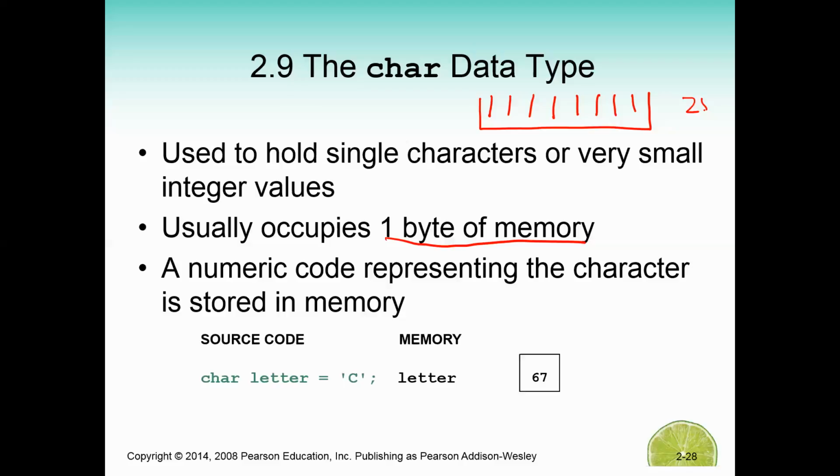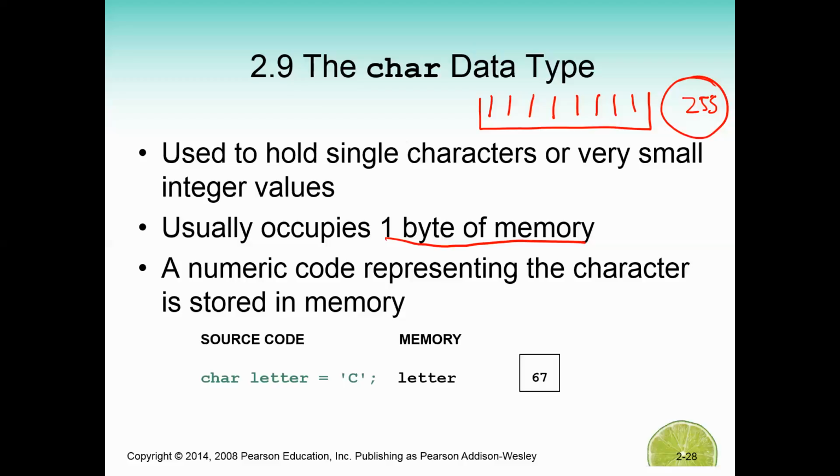Starting with the 1, the 2 is on, the 4 is on, the 8 is on, the 16, the 32, the 64, the 128 are on. So they are all on. So the only thing that I can store in 1 byte is 255 different characters. That's it.